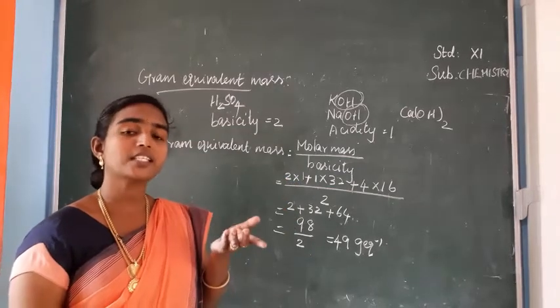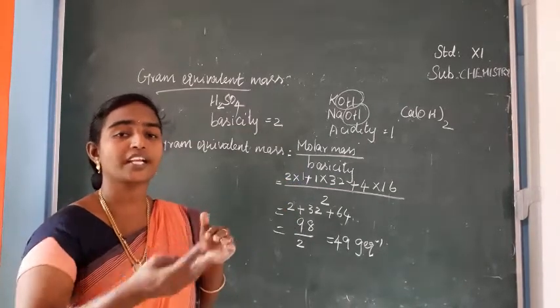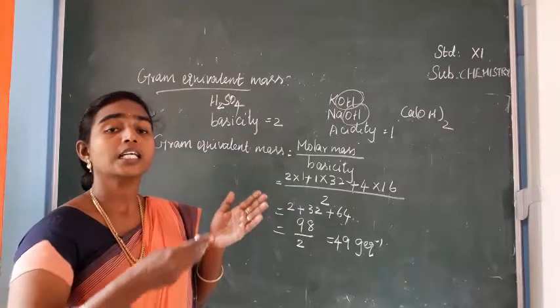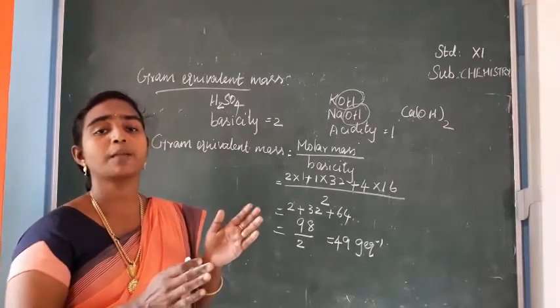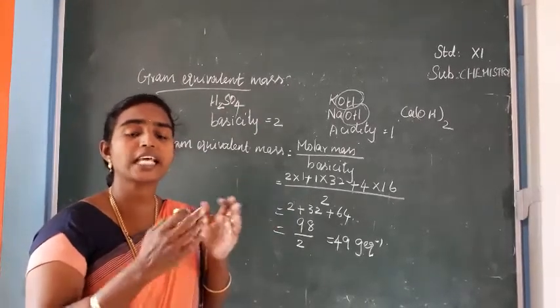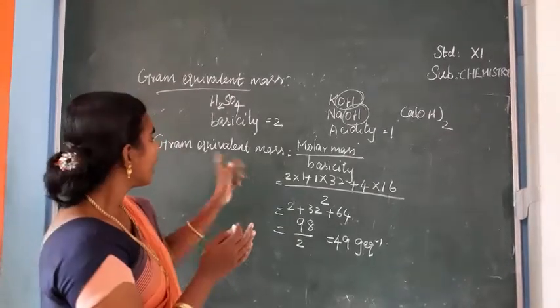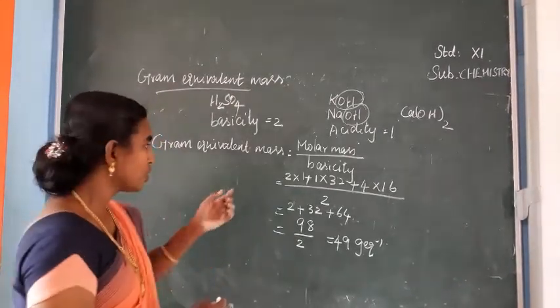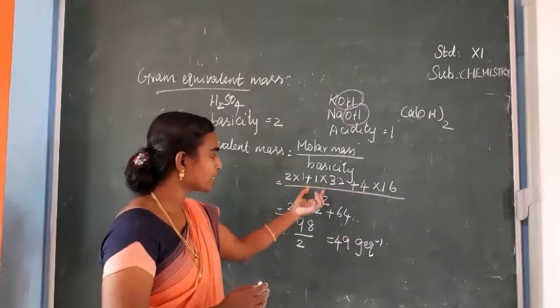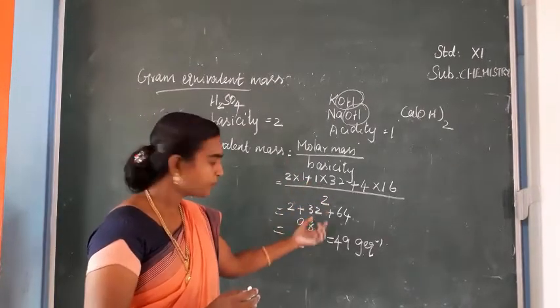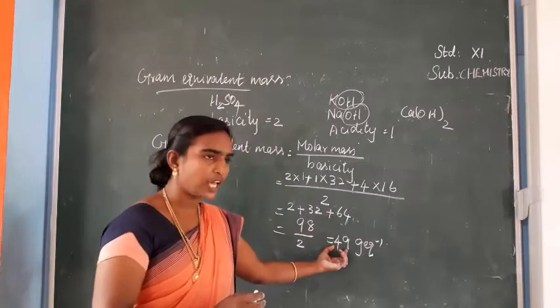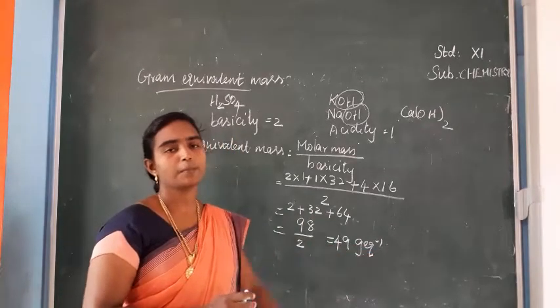If it is an oxidizing or reducing agent, it is molar mass divided by the number of electrons gained or lost. That is given as gram equivalent mass. So here I have calculated molar mass divided by basicity value. So finally we are getting the value 49 gram equivalent per mole.